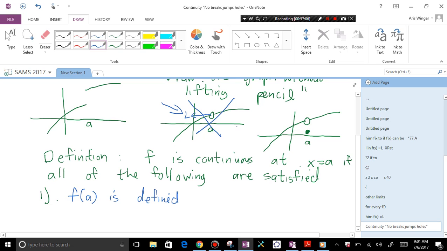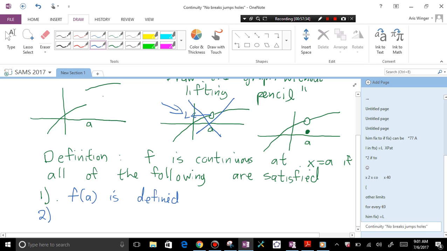Okay, so good. These are great questions. So f of A is defined. Let me get rid of this one. What's wrong with this? There's a jump here. It looks like the limit from the left is not the same as the limit from the right. You have to make the limit as x goes to A of f of x equal f of A. That is the entire statement, and I'm simply breaking that into 3 statements.